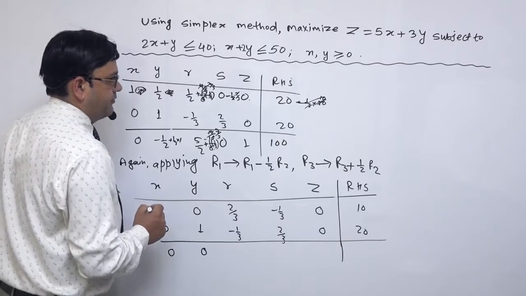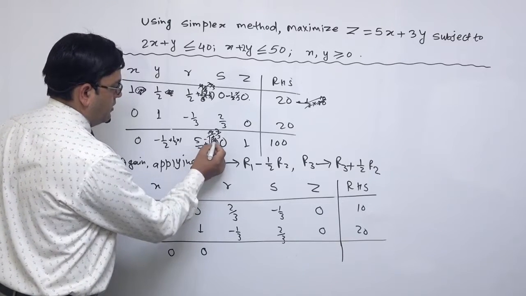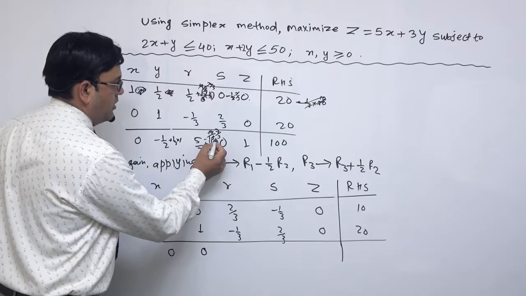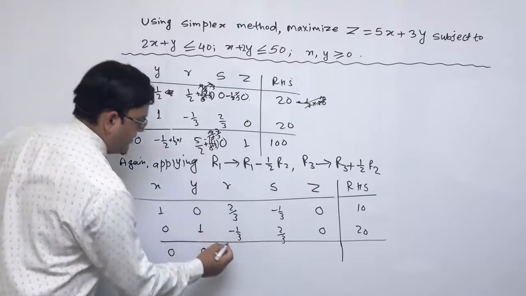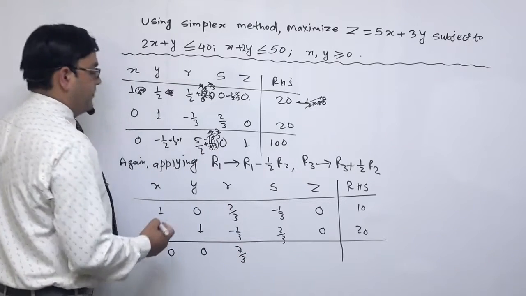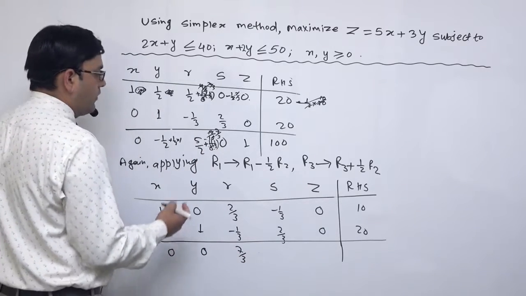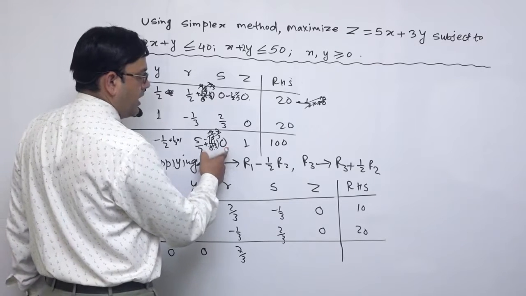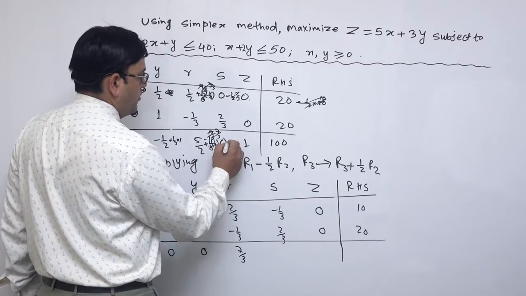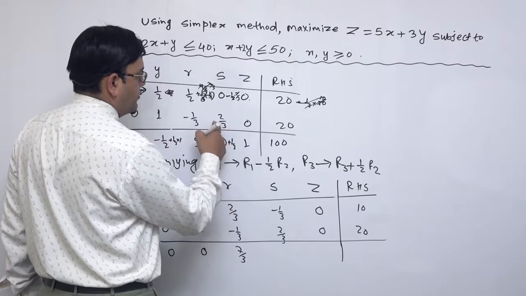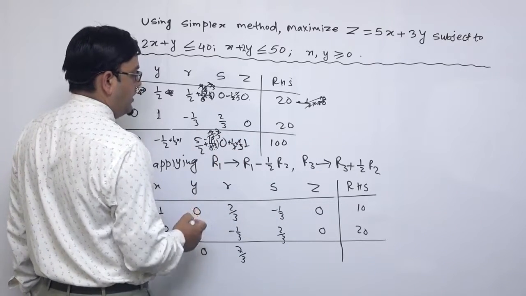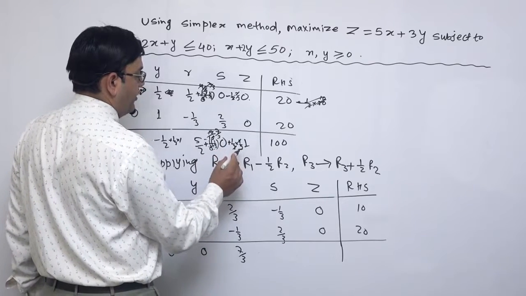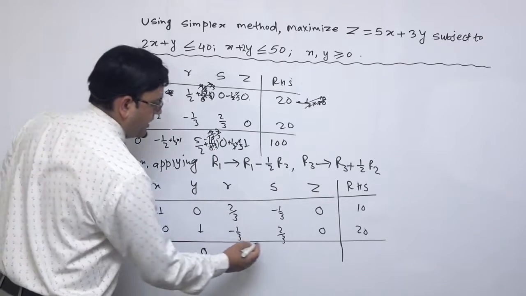Now R3 changes into 0 plus 1 by 2 R2, which is 2 by 3. So 2 cancels, and 0 plus 1 by 3 is 1 by 3.